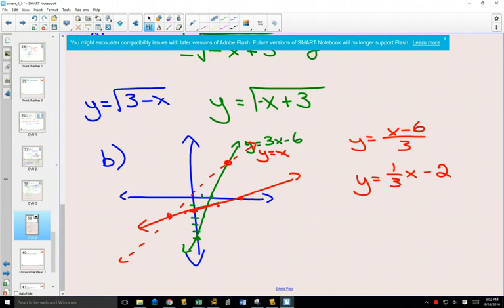Or this point should be the same on both, and it's not. Another thing you could do graphically is you could take a point. Here's 0, -6. Where should that be if you switch x and y? It should be at -6, 0. Instead, on our other graph, we have 6, 0. So we can see from the graph that these aren't inverses.